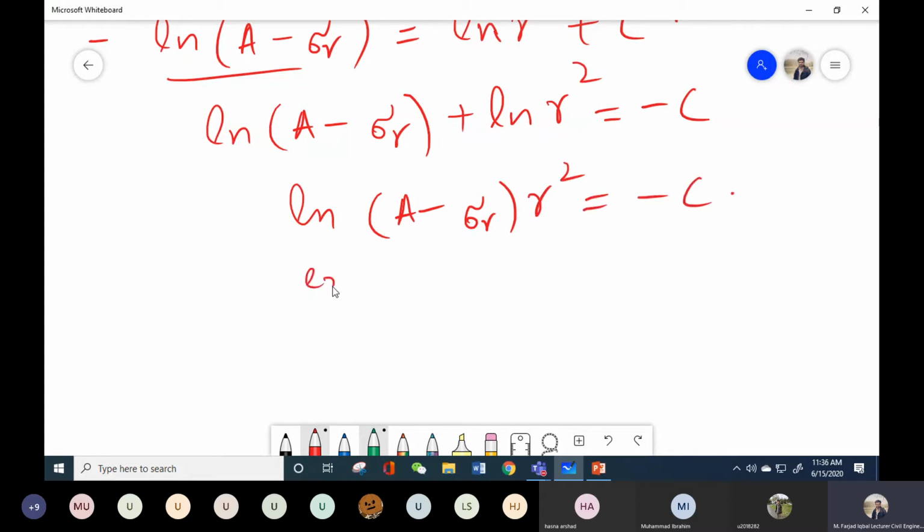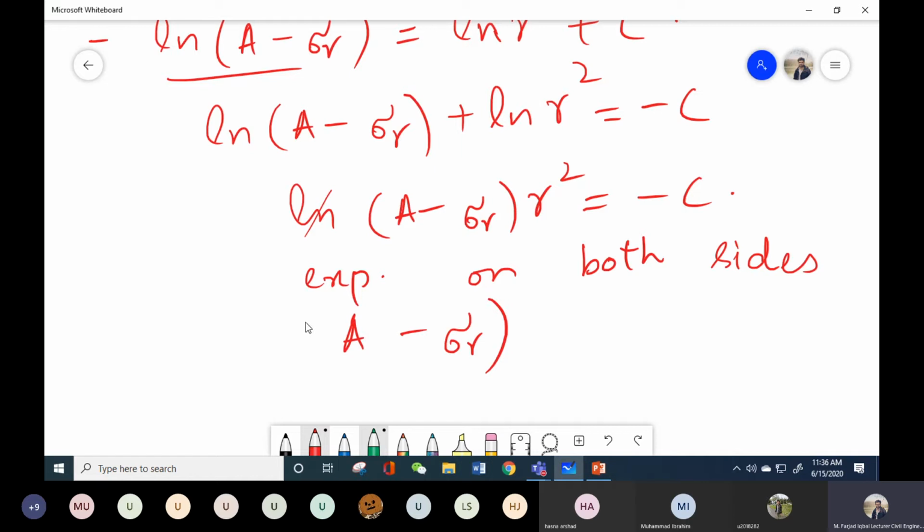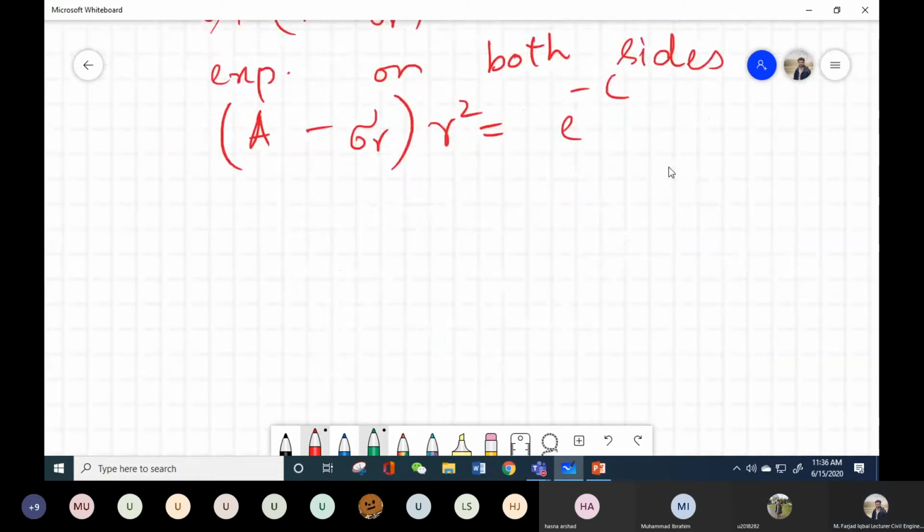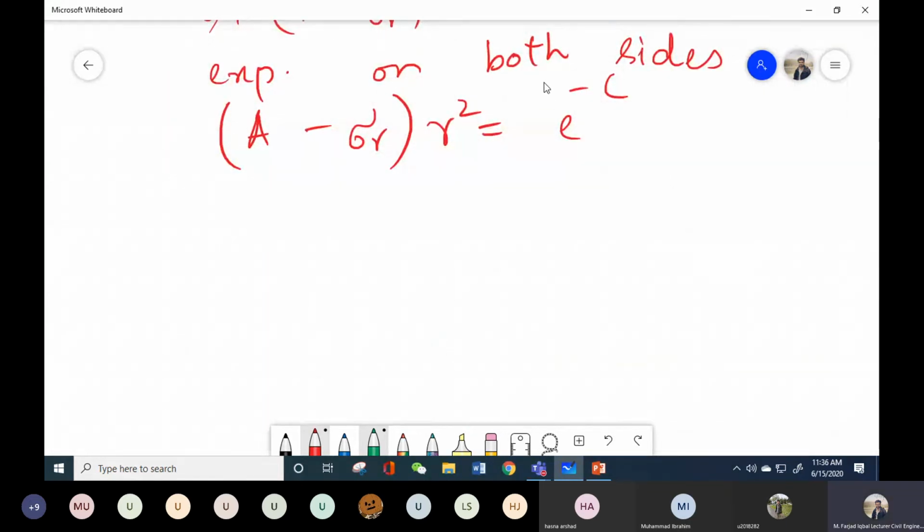Now if I take the exponential on both sides, this log will be cancelled out, and this term on the right side will go into the exponent. So if I take the exponential, I will have a minus sigma r into r square is equal to e raised to power minus c. Now, again, there is one constant, which is this side.